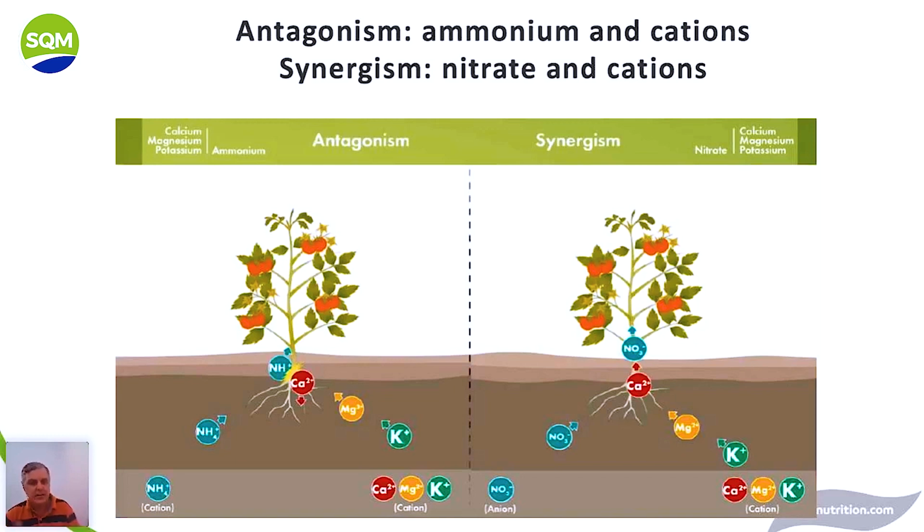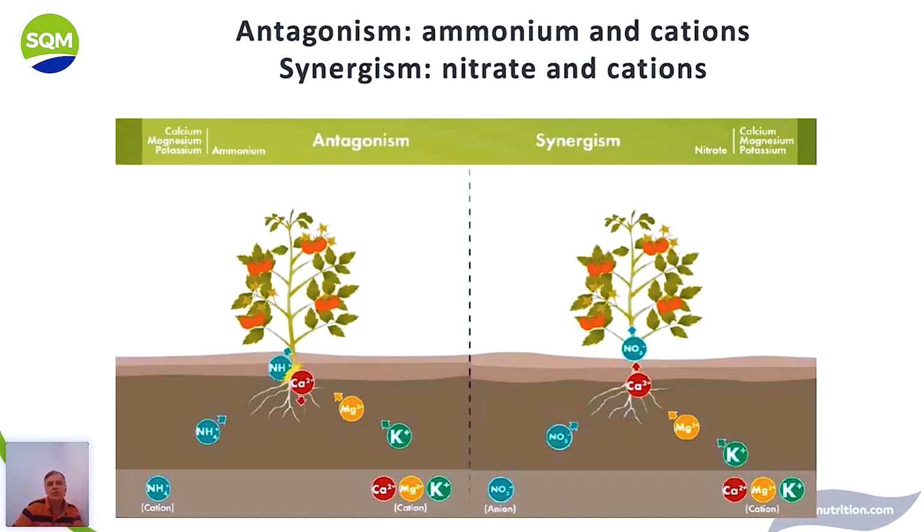And with nitrate it is the opposite, because nitrate is an anion with negative charge, and always when the plant uptakes nitrate nitrogen, the plant can uptake together with it magnesium, potassium, or calcium to keep the balance, because then the plant is uptaking one element in a negative form and another element in a positive form. So as we saw, potassium is the element most required by the citrus crop.